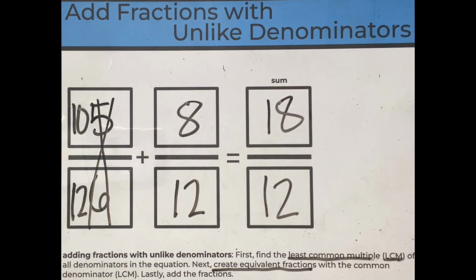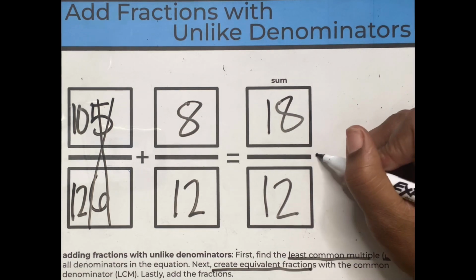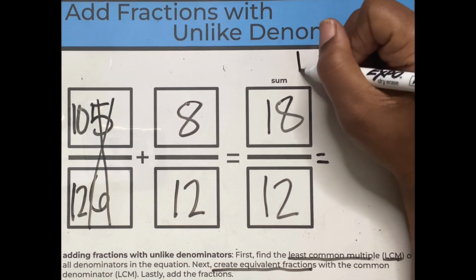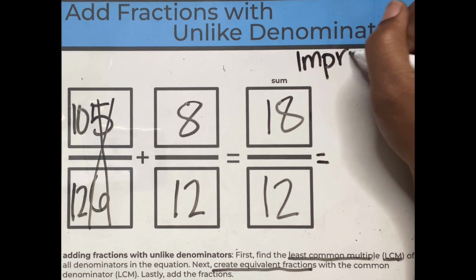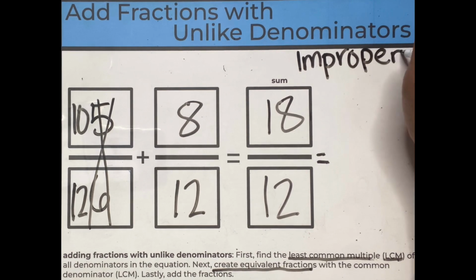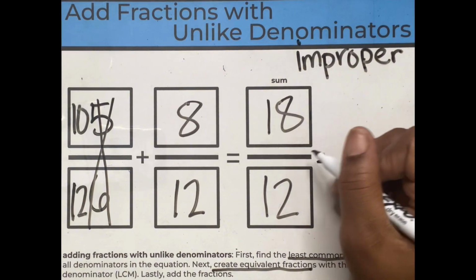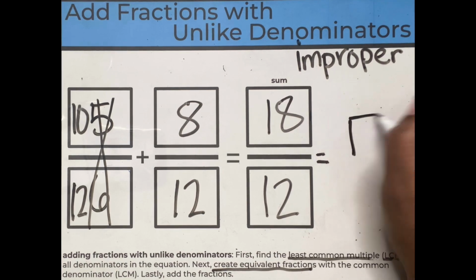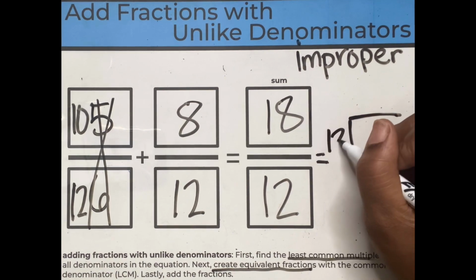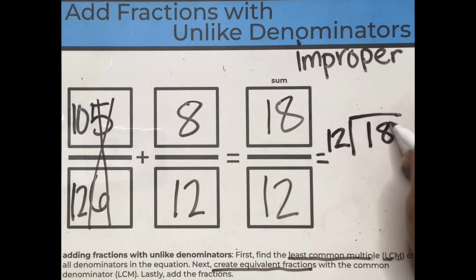So 18/12 is what we call an improper fraction. When you have an improper fraction, you're going to divide, because we have to convert it from improper. I don't have to do this mentally, but I'm going to show you what's occurring.